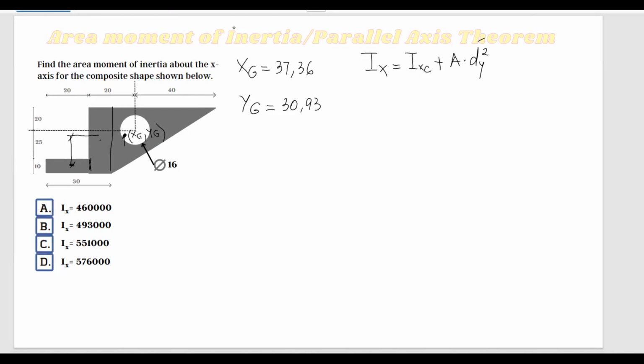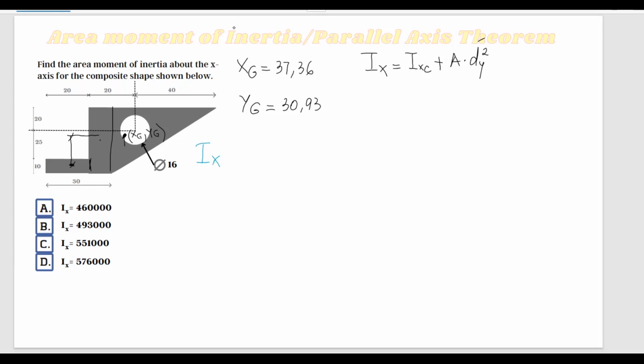Okay, so after we calculate the area moment of inertia about the x-axis, and we're done with that, I'm going to encourage you to calculate the area moment of inertia about the y-axis by yourself and see if you can get the results and write it in the comment section below.